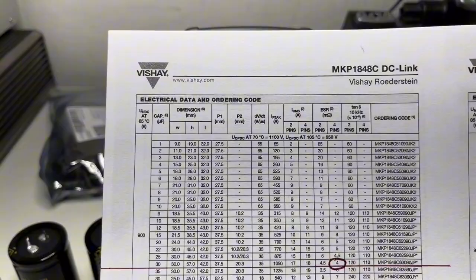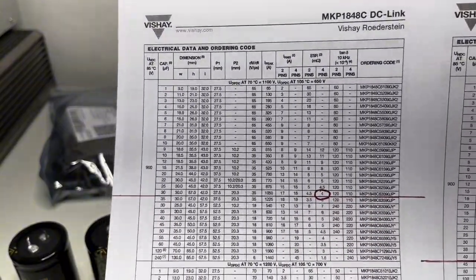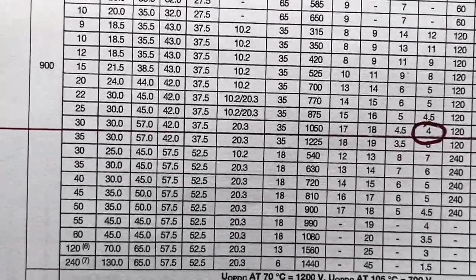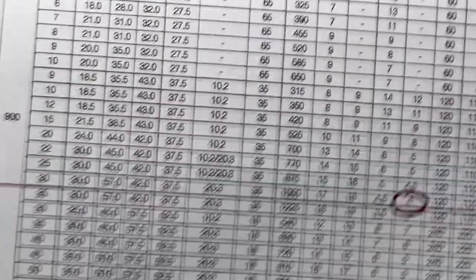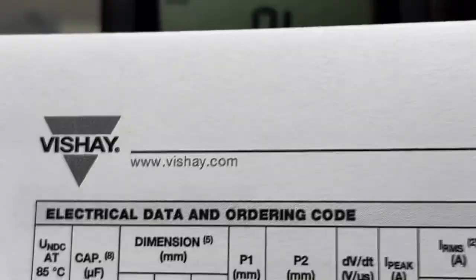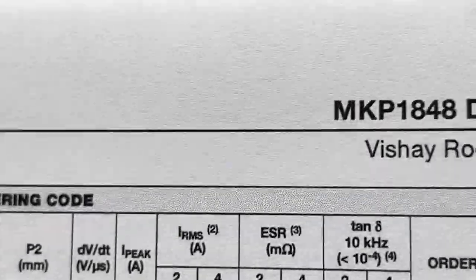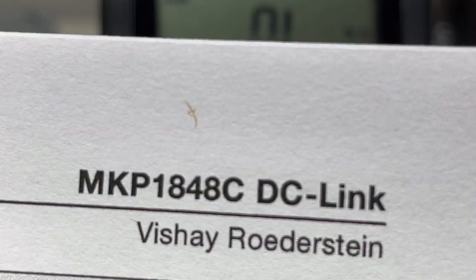Here I have the datasheet. It's from Vishay Roederstein. And let's go down. No, it's the wrong one. Sorry. It's a DC link capacitor, this one, the version without the C at the end.